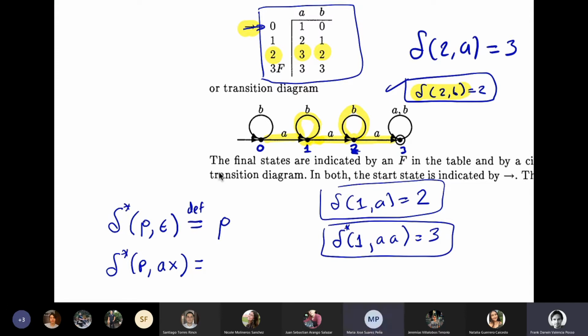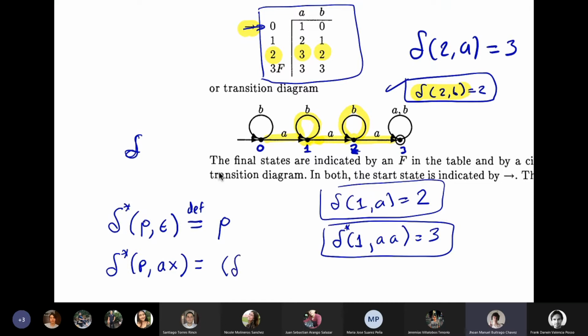You can use here what you already have, which is the single delta. That could be like having delta of the starting point, delta of P and A, and then the second part is X. So what exactly will you write here?